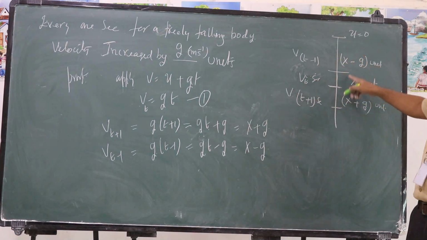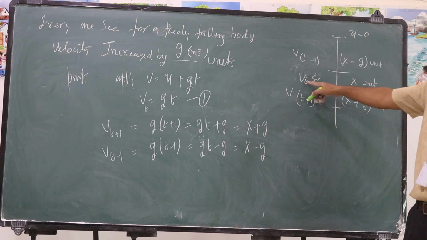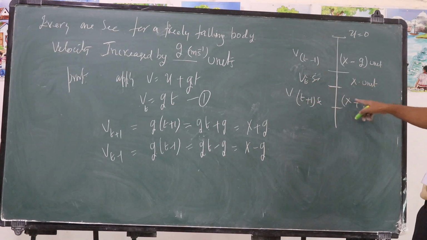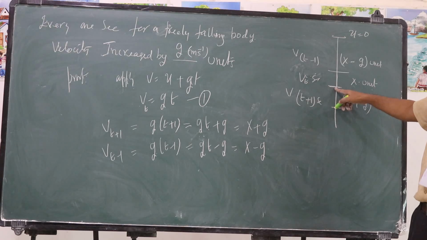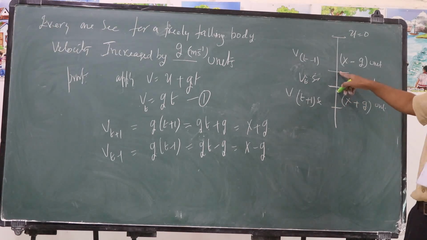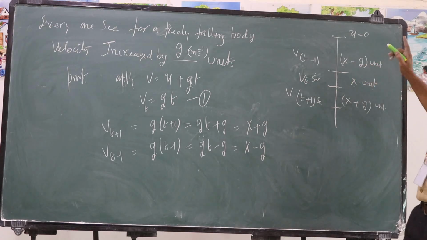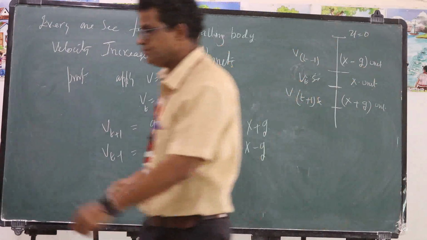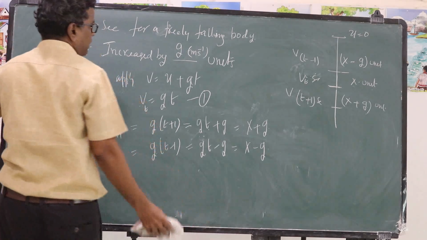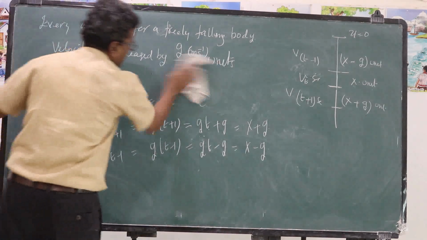Suppose at a particular instant the velocity is x units. Immediately 1 second after that, velocity is x plus g. 1 second before, x minus g units. That is about a freely falling body. So we are discussing the freely falling body.